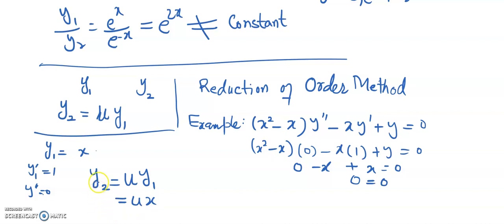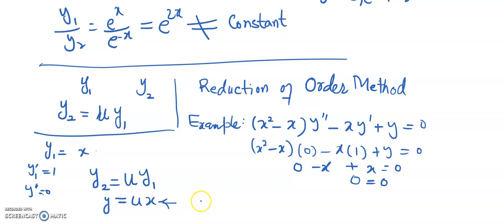Here we represent y2 by y, so y is equal to ux. This becomes a substitution into this equation, and we can simplify the second order equation into a first order equation.